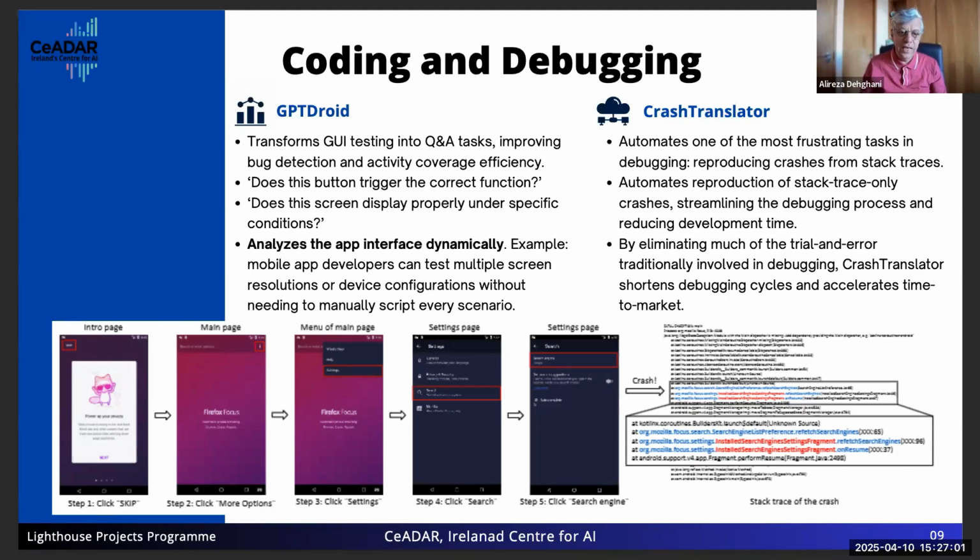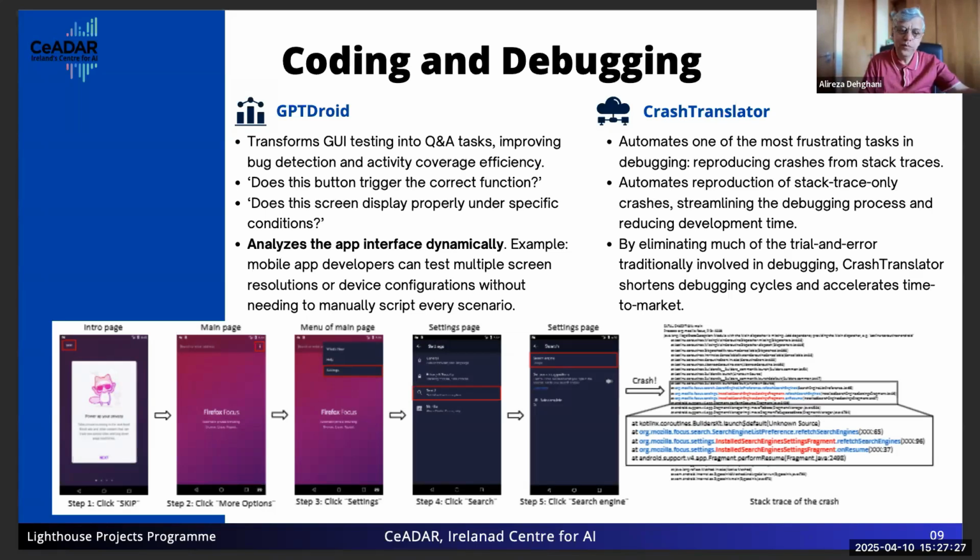Think of an AI-powered crash recreator. It reads the error report, recreates the situation that caused the crash, and hands it over to the developer so they can fix it quickly. Not only is reading the crash messages a challenge, but creating the same scenario in which the crash happened in a normal situation is difficult.